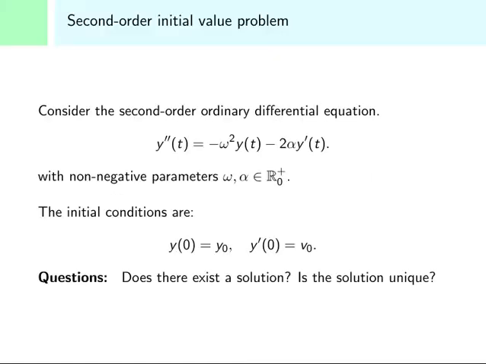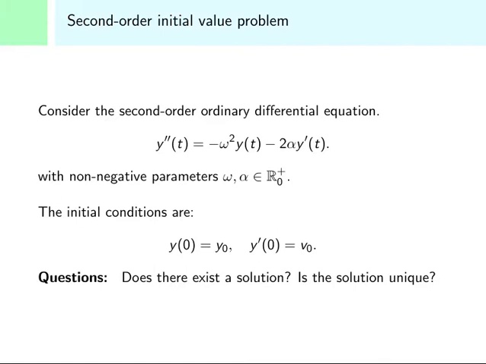The second order differential equation that we study here has the following form: y''(t) equals negative omega squared y(t) minus 2 alpha y'(t). So we've got the unknown function y, and this time the differential equation involves the function itself, the first derivative, and the second derivative.